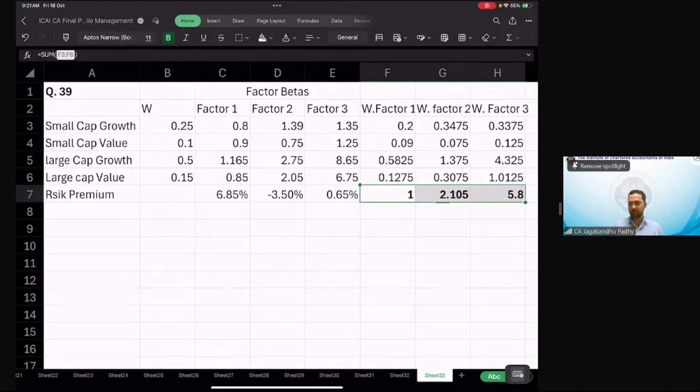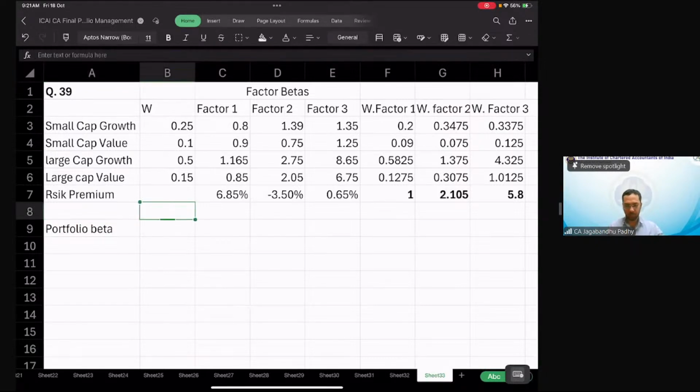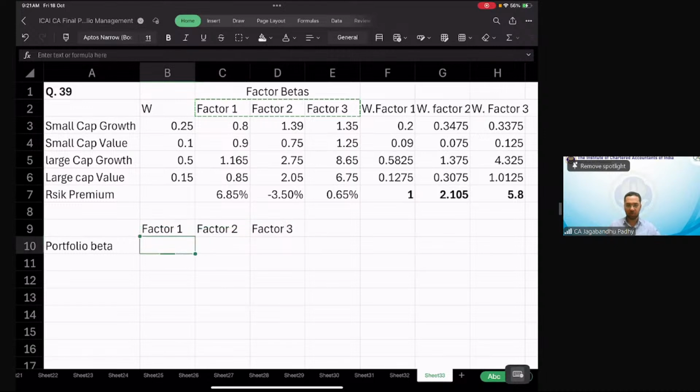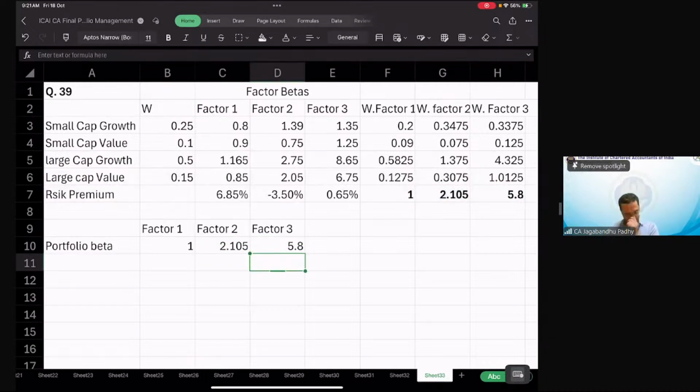So we got these portfolio betas with regards to 3 factors, factor 1, 2, 3. According to this model, first factor beta is 1, second factor is 2.105, and third is 5.8. So that is a weighted average number, and the second and third factors work the same way.